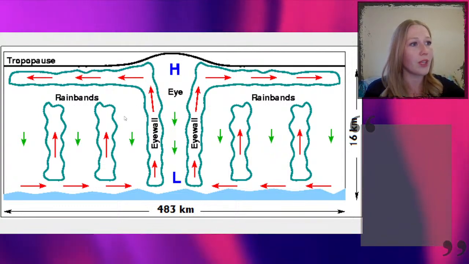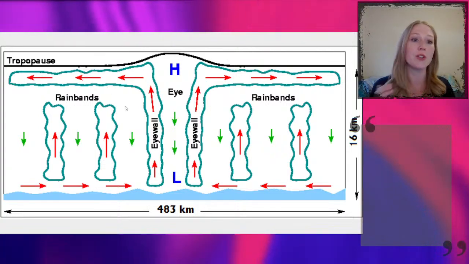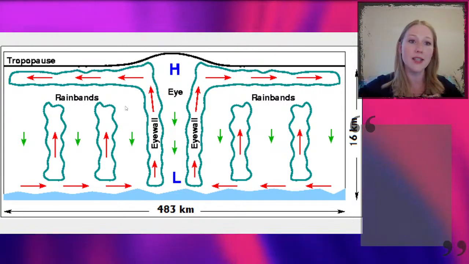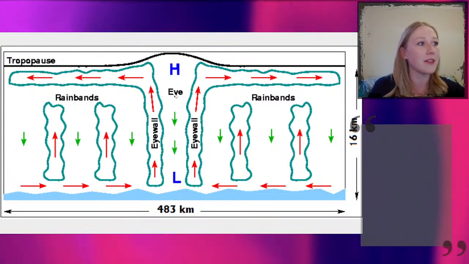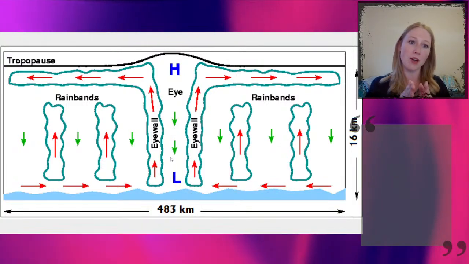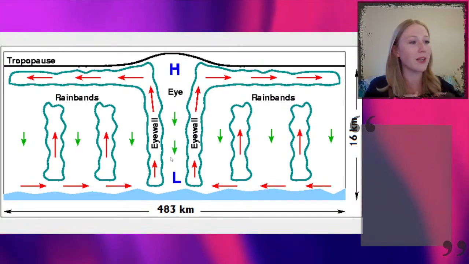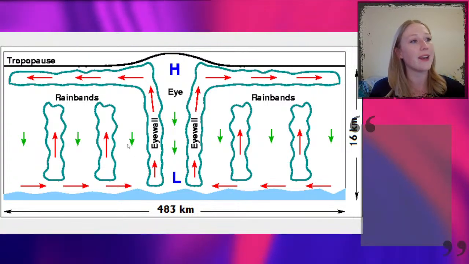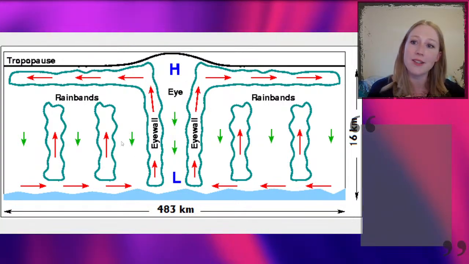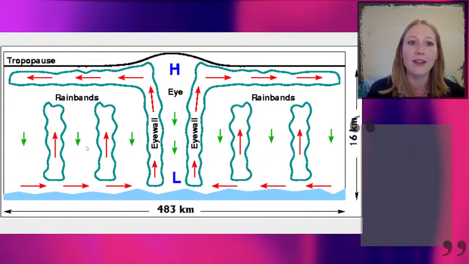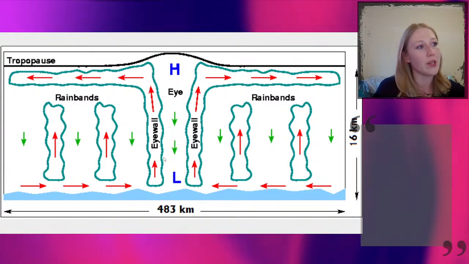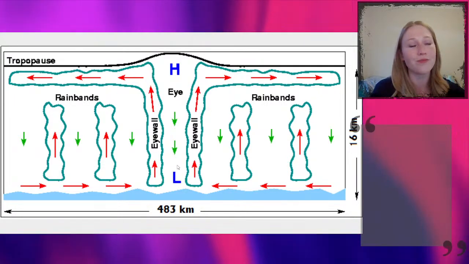You have sections where the air is descending again, and that descending air actually blocks any clouds from forming, which means that you have these layers of clear sky and cloud and clear sky and cloud. That's also why you have the eye in the middle.